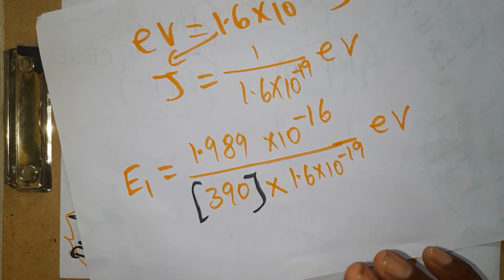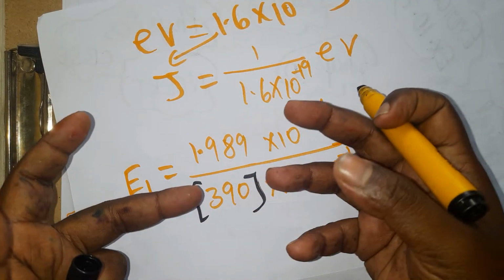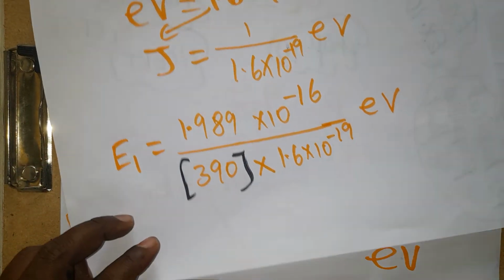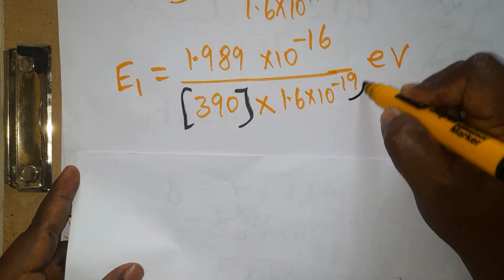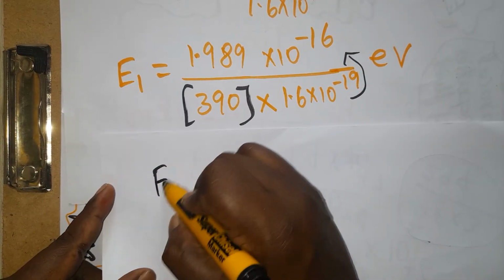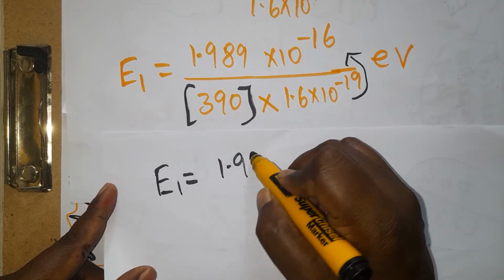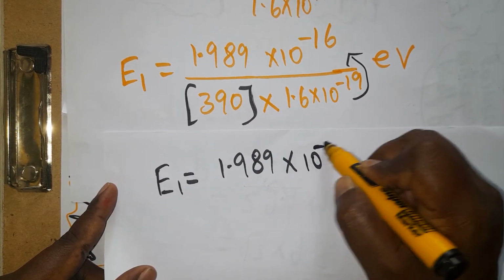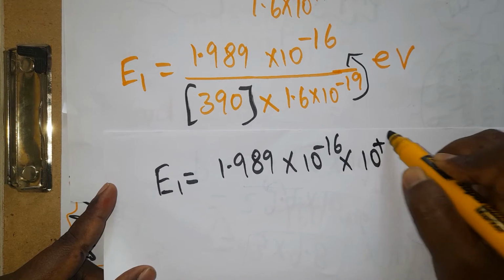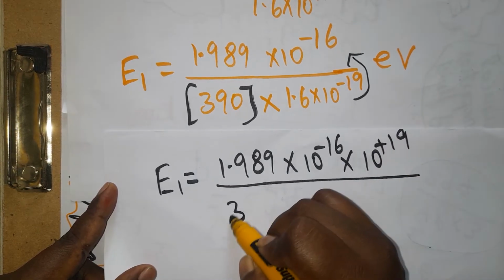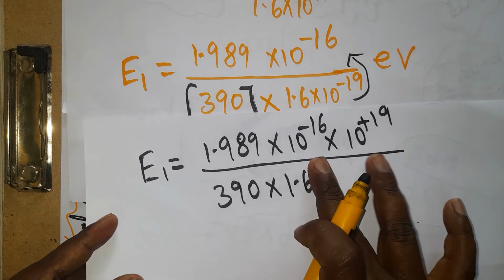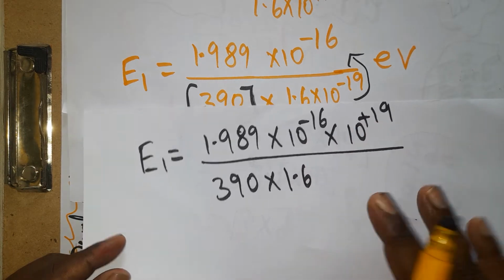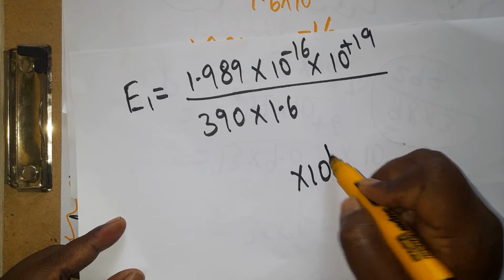All the wavelengths are given in nanometers. I'm just going to replace them here: second one, third one. First we'll calculate the first one. Energy 1, if you take this as the numerator, plus 19 will come. So E1 is equal to 1.989 into 10 power minus 16 into 10 power plus 19, with denominator 390 into 1.6. Minus 16 plus 19 gives 10 power plus 3.